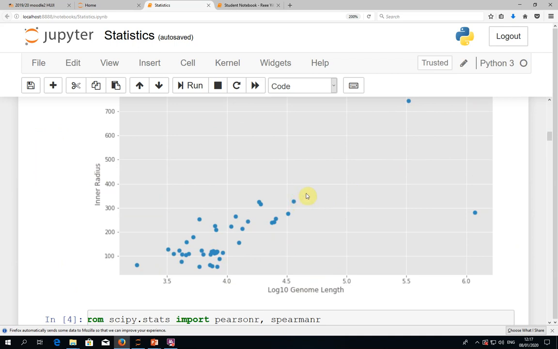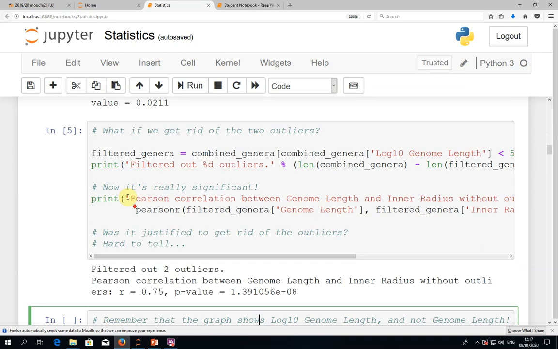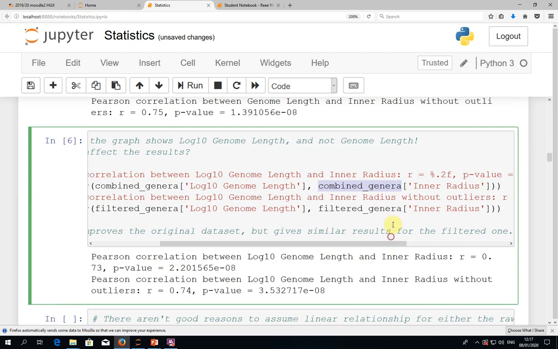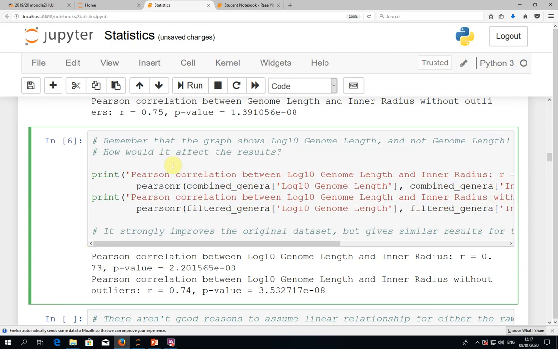So instead of finding the correlation between the raw genome length and the inner radius, you can try to find it between the log of the genome length and the inner radius. So you can see that here we use the log 10 instead of the raw length. And we do it for both the entire dataset and only the filtered genera.